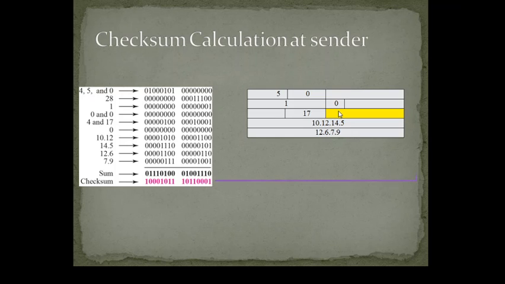Here is 0, and this 4 and 17 was the value of this field. This yellow part is all 0 here. The sum is something, and then we complemented it and got the checksum. We kept this checksum in this place and sent the packet to the receiver.